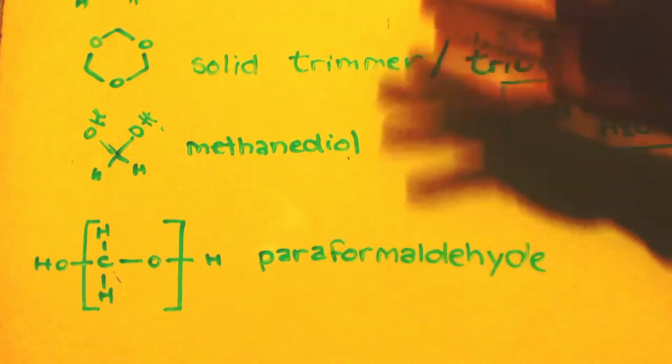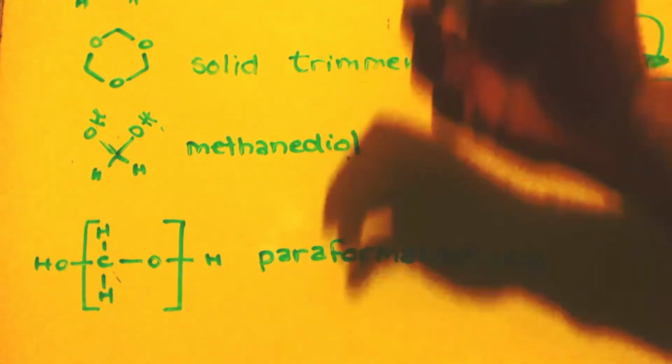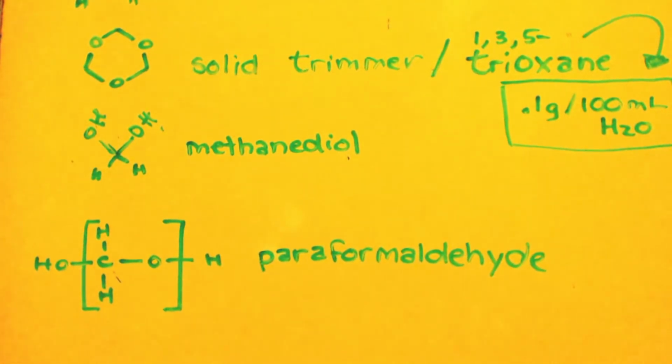Although maybe you can distill it out and have a condenser in the way so that the condenser condenses the water back down into the pot, but the formaldehyde can go past the condenser because it's a gas. And then send that gas through a drying tube, maybe with calcium chloride or something like that, so it dries it out even more, and you'd have the anhydrous gas.